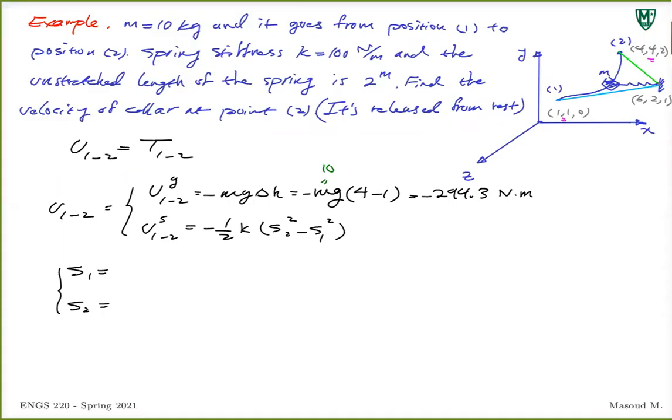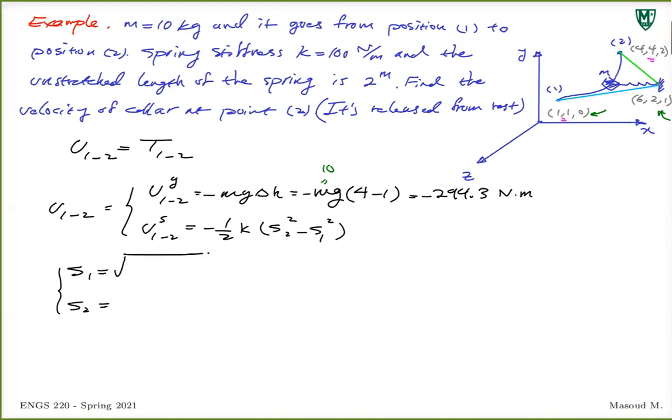Now, the previous example was in two-dimensional space, so we could calculate it. We found the length in two-dimensional space, the length at that position minus the unstretched length. Here we just expand it to three-dimensional space. You have the initial point right here, and one end and the other end here. So you are basically finding the distance between two points in three-dimensional space. How do we find the distance between 2 points in three-dimensional space? We take the square root of the differences between each component squared.